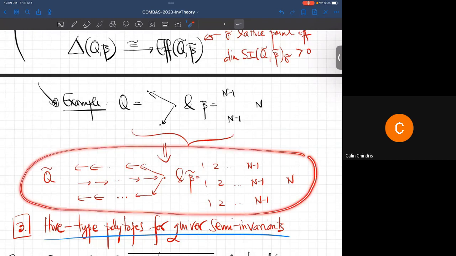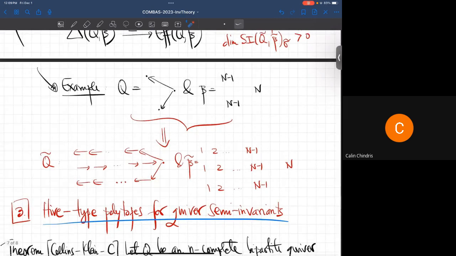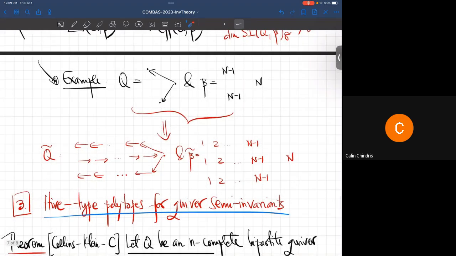You just insert flags of appropriate length. And you also extend the dimension vector beta tilde along the flags in the most natural way. And if you recall, this is exactly the quiver that we encountered when we computed the LR coefficient and showed that an LR coefficient can be viewed as a dimension of a weight space of semi-invariants.